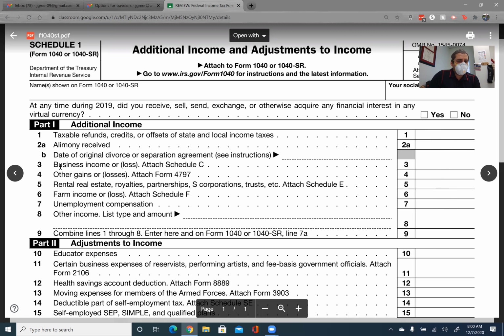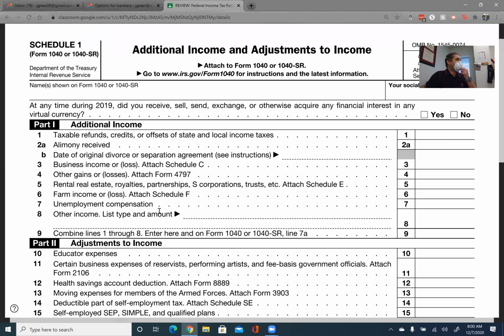Line 3, business income, we're not worried about. Other gains, not worried about. Rental income, not worried about. Farm income, not worried about. Unemployment, not worried about. So essentially, the only thing that we're going to have to worry about here in part 1 is what?